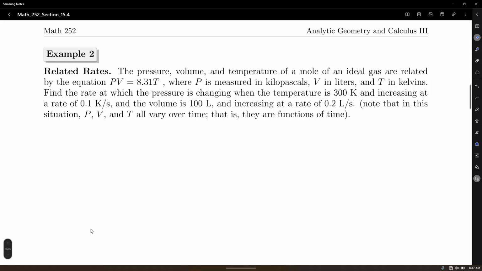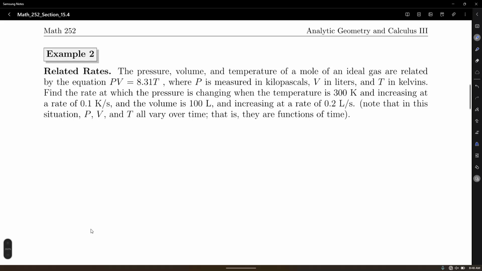In this case, unlike the previous situation we had last time, where we defined a pressure that depended on volume and temperature, controlling volume and temperature to see the effect on the pressure, or solving for the volume or the temperature, all three variables are changing with respect to time.